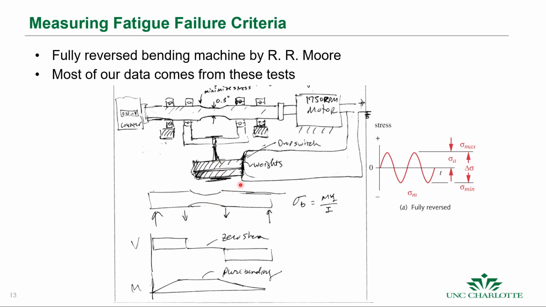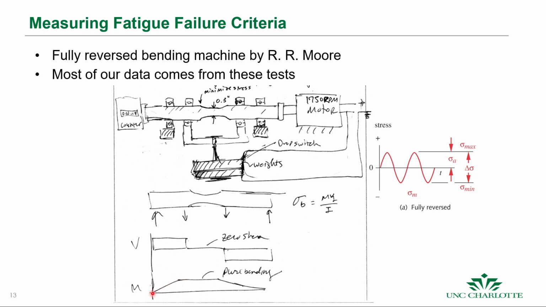If you look at the beam diagram for this, you have your loads here, your reaction loads, and you have your weight loads and your reaction load here. The load is chosen such that you have 0 shear here in the middle. Because of that, you can control the moment.